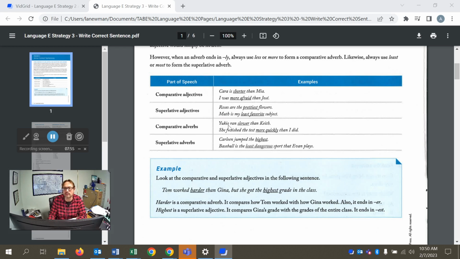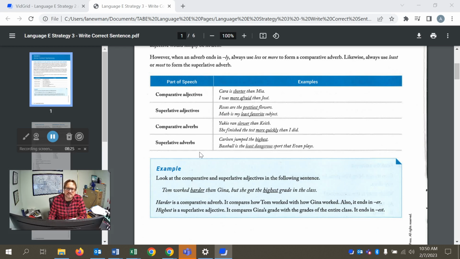So, "Yukio ran slower than Keith." If it said "Yukio ran more quickly than Keith," then we might assume that quick is the adverb. Here we have an example of the "more" and "least" kind: "She finished the test more quickly than I did." We wouldn't say "quicklier." Sounds bad and doesn't make a lot of sense.